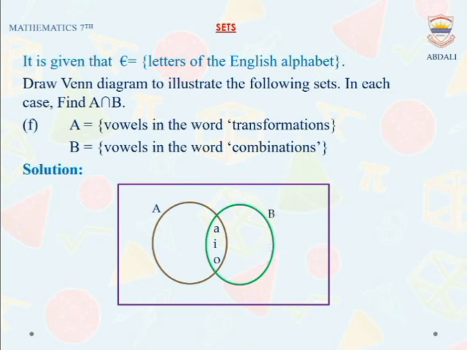So now class, we can see that only A, I, O are elements of both sets, and they are the same elements. So the whole set is common and no other value is left behind. So A intersection B will contain A, I, O.